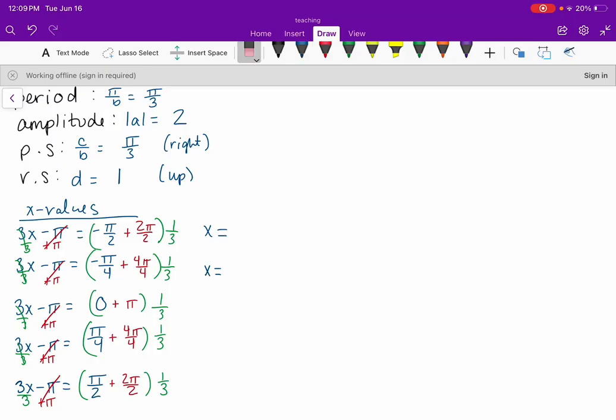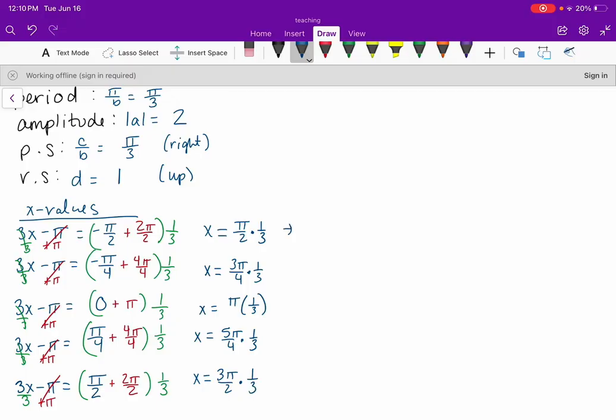Here, let me show more work. I really should just show more. This would be pi over 2 times 1/3. This one would be 3 pi over 4 times 1/3. Pi times 1/3. 5 pi over 4 times 1/3. And 3 pi over 2 times 1/3.